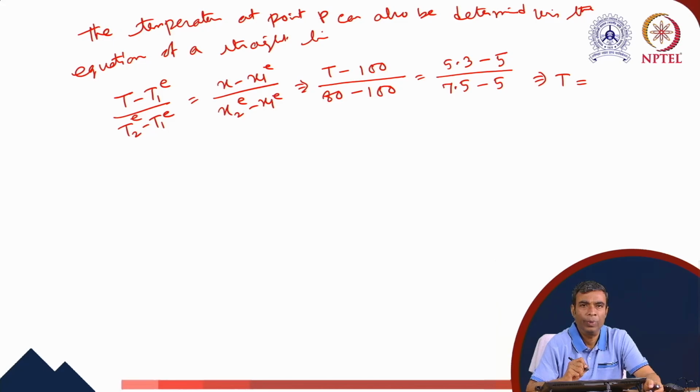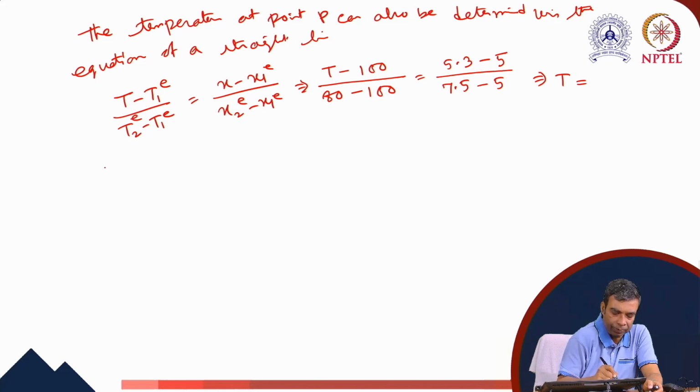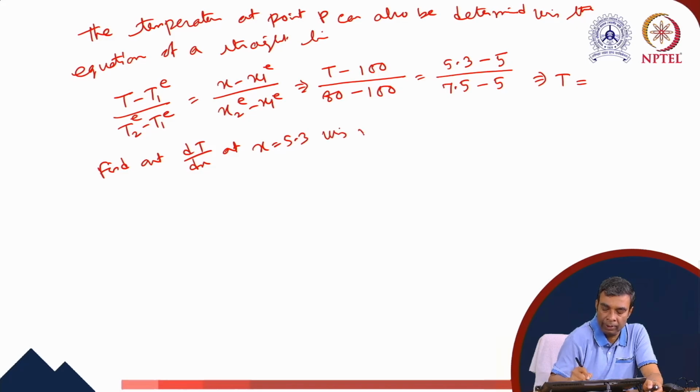Now we can find out the gradient of the temperature within this element. So let us find dT/dx at x equals 5.3 using natural coordinates.